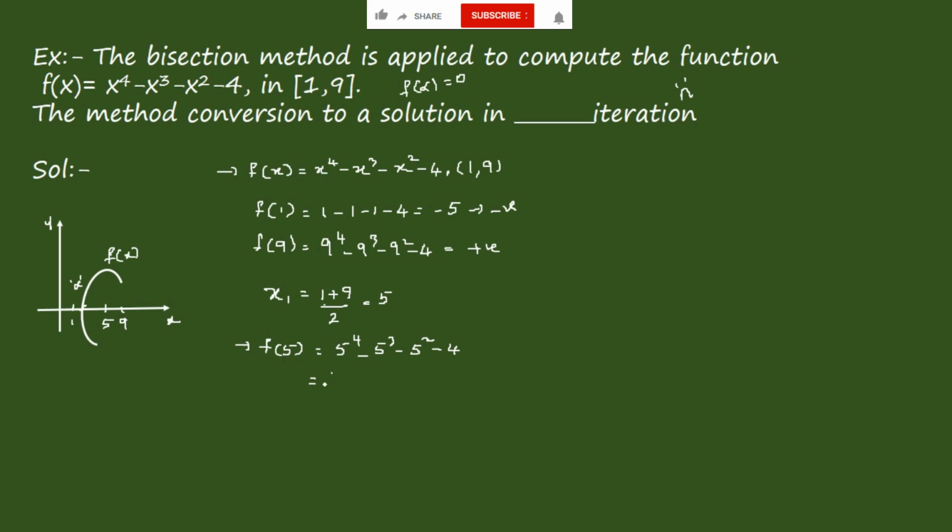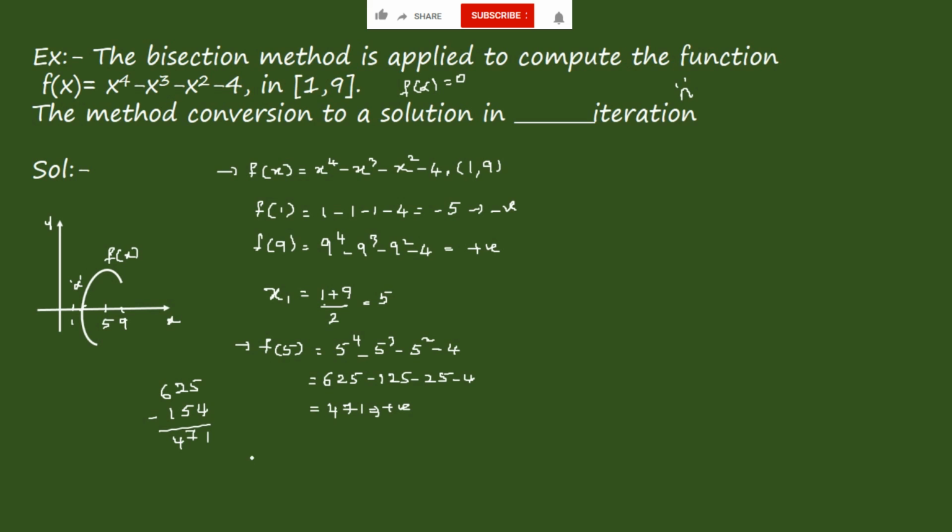We get 625 - 125 - 25 - 4, which is equal to 471, a positive value.